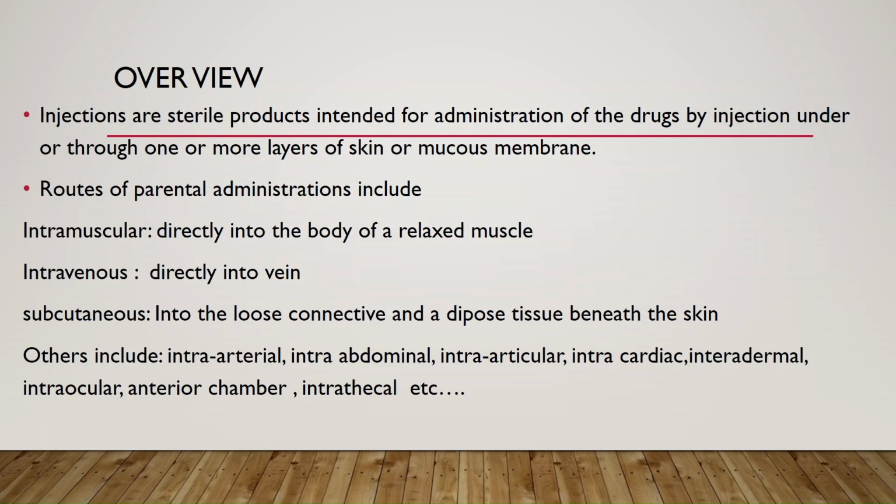Others include intra-arterial, intra-abdominal, intra-articular, intracardial, intradermal, intraocular, and then anterior chamber and intrathecal. So these are others. However, the most common ones, we may have intramuscular, intravenous, and then subcutaneous.